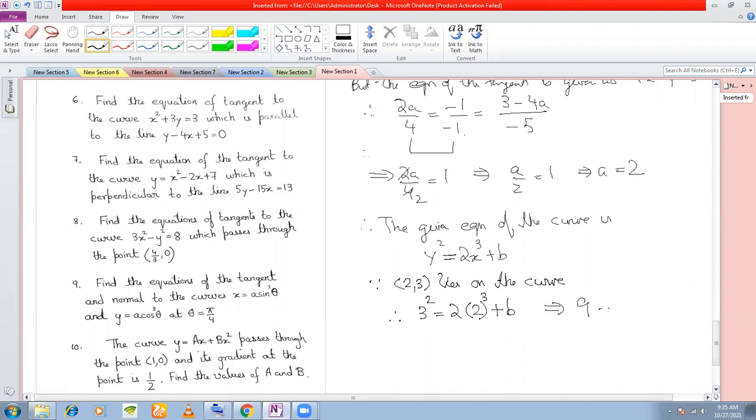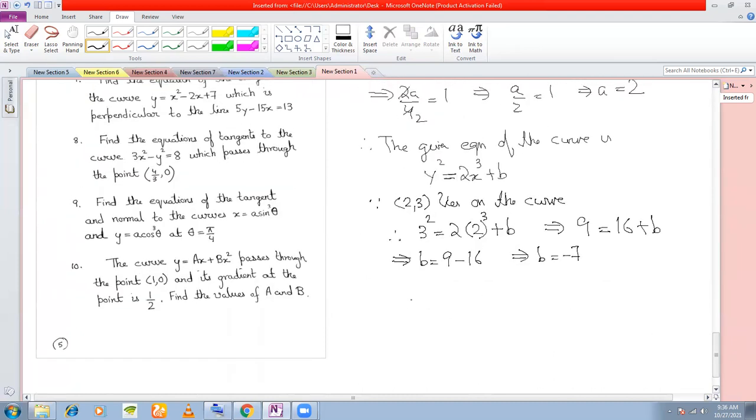So you get 9 is equal to 16 plus b. That means b is equal to 9 minus 16, that means b is equal to minus 7. Hence, what are the values of a and b? a is equal to 2 and b is equal to minus 7. And that's your answer. Okay, so I'll stop here.